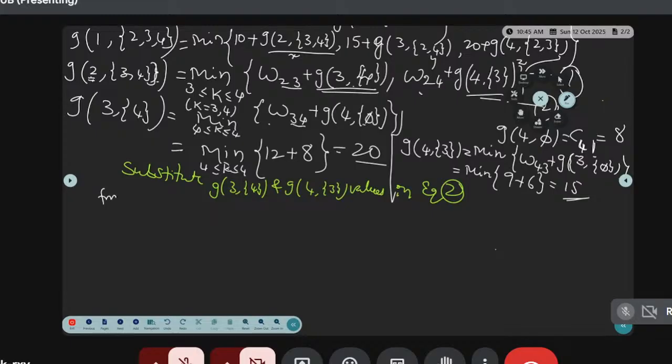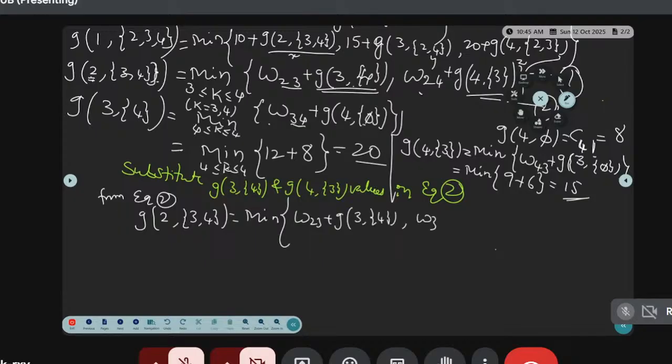That is from equation 2. What is equation 2? Do you remember? This one: g of 2 comma 3 comma 4 is equal to minimum of w of 2 3 plus g of 3 comma 4, w of 2 comma 4 plus g of 4 comma 3.